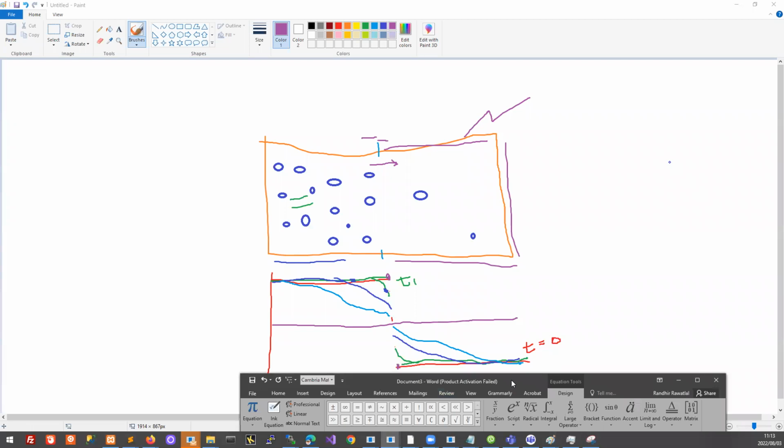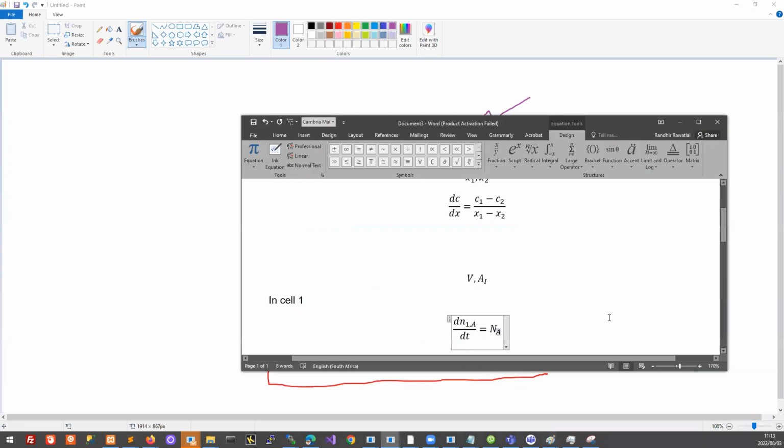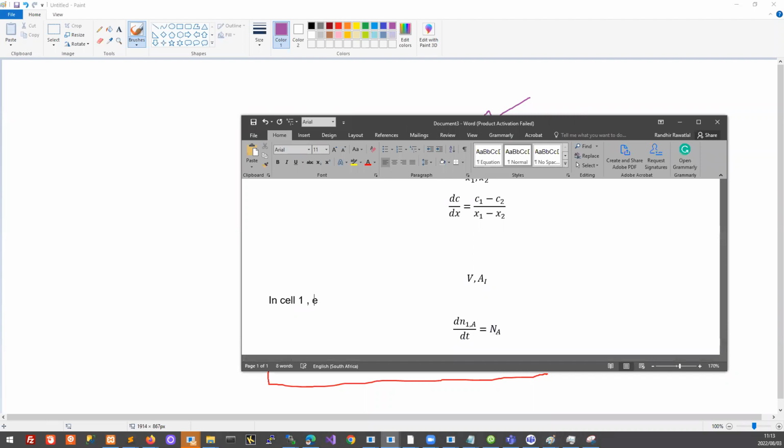So to specify this quite clearly, we are going to say this is at the position x equals x interface, and we're going to call this x interface minus. So x interface minus is telling us that, let's just make this bigger.